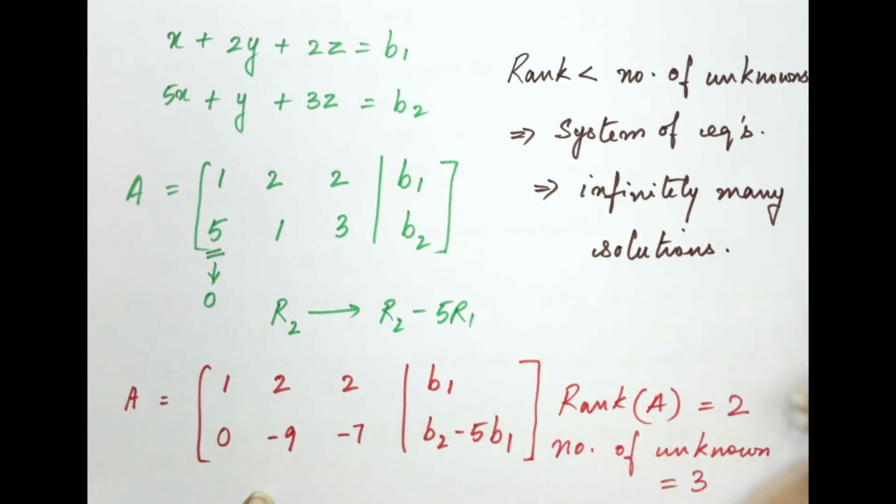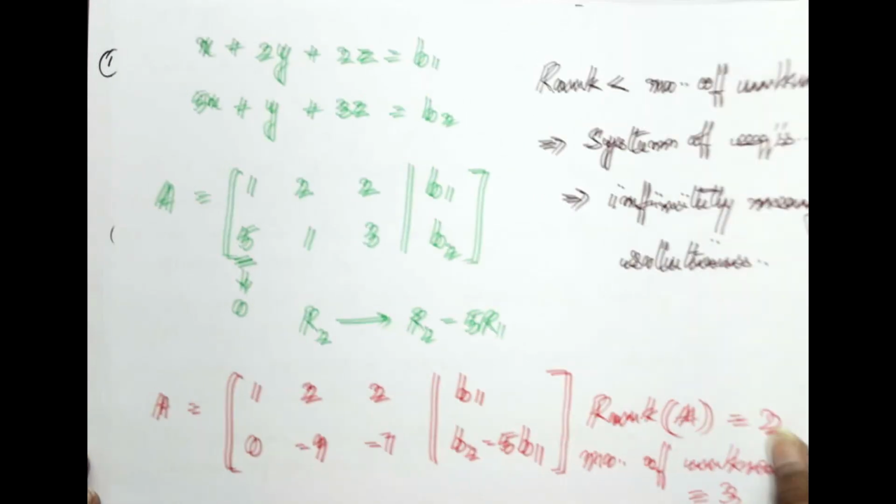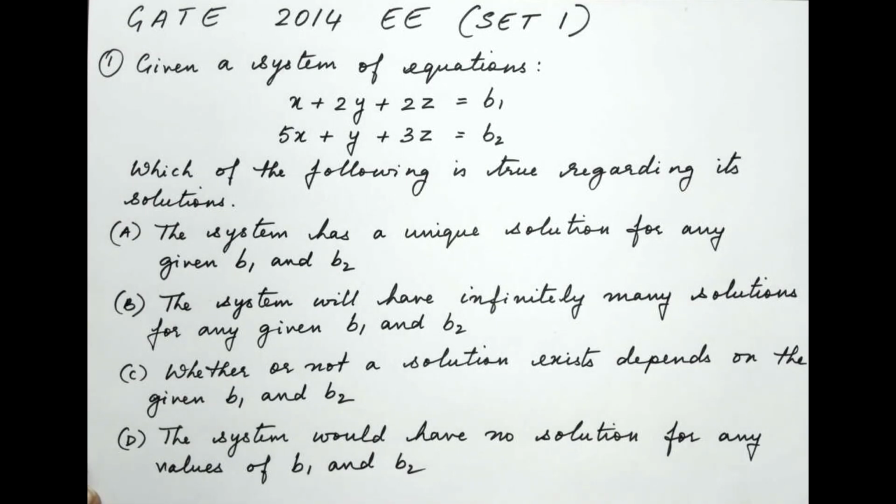So if we go back to the options given to us, this matches option B: the system will have infinitely many solutions for any given values of b1 and b2. So that's the final answer, and I hope this has made sense.